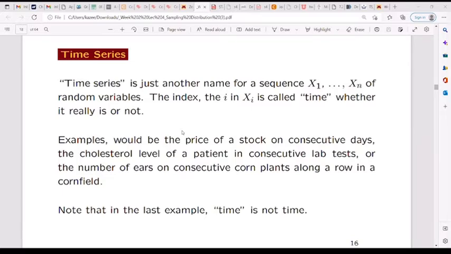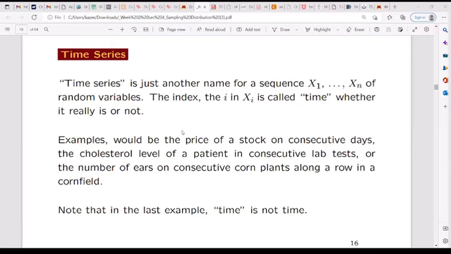If you can recall, I've been working with you on sequences of random variables. Of course, that is going to be applied to time series data. By time series, we mean a series of data that are collected over time.